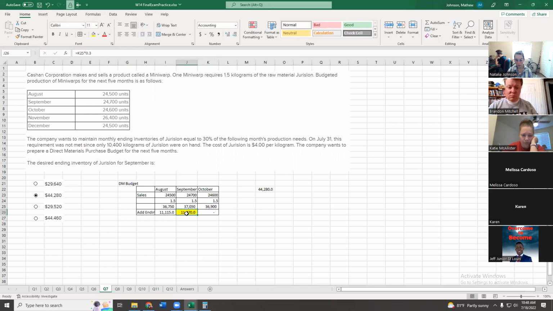And then you multiply this times the $4, because it says the cost is $4 per kilogram. So we multiply that times 4. You normally multiply the dollar at the end of the budget, but just because these answers give you a dollar amount, that's why we did it like that.